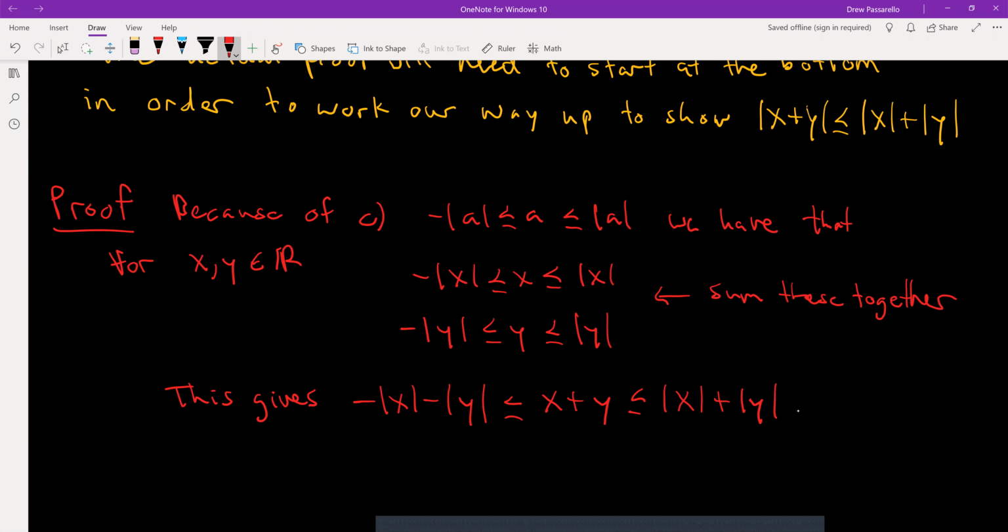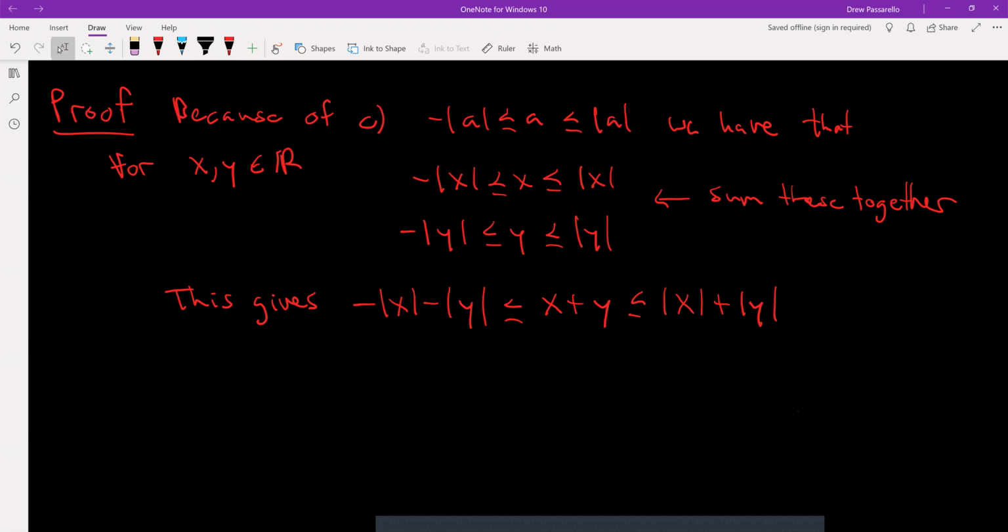Okay, then I could essentially bring the negative so that it's negative, the absolute value of x plus absolute value of y, and then less than or equal to x plus y. And since I put that in parentheses, I'll put this in parentheses as well: the absolute value of x plus the absolute value of y.